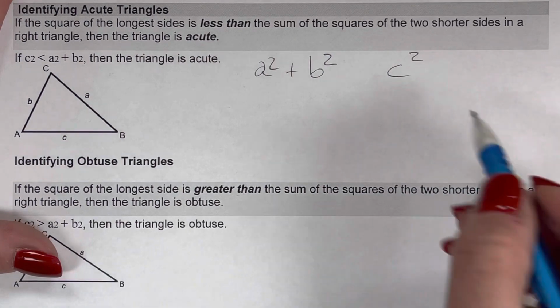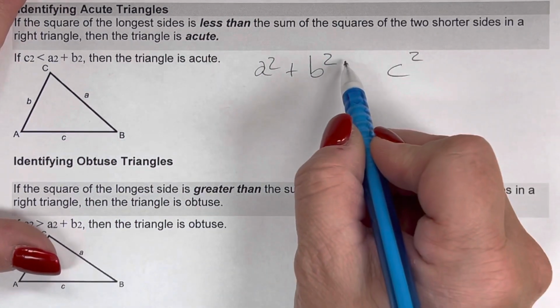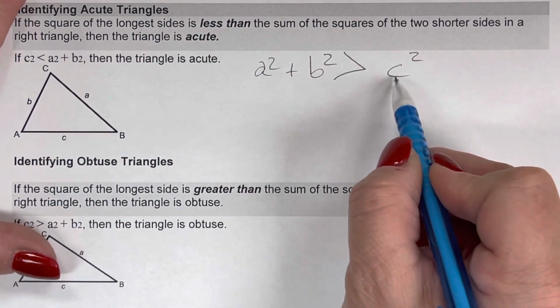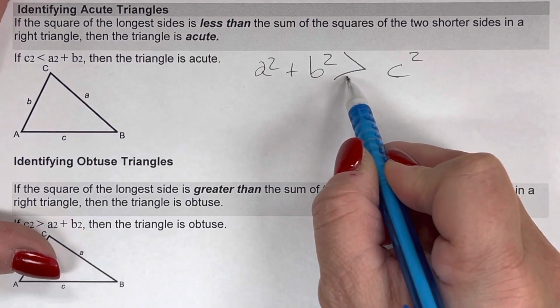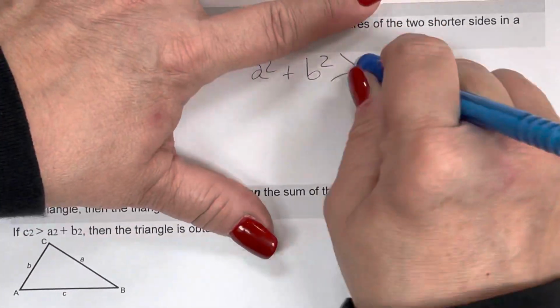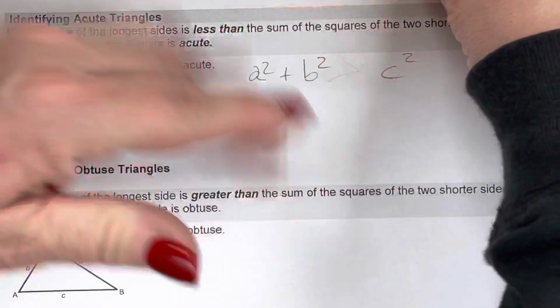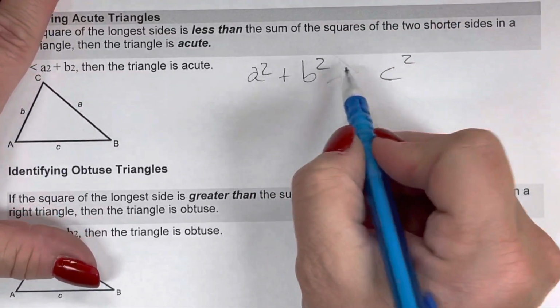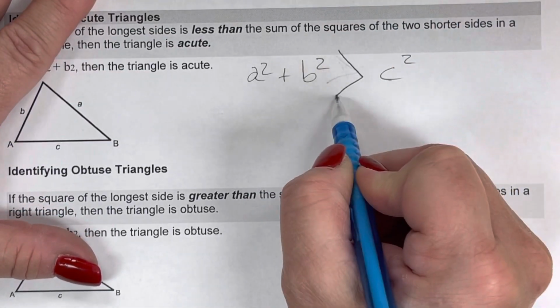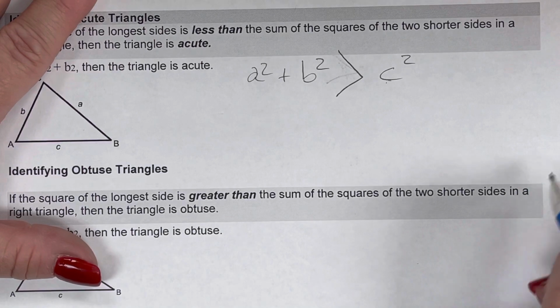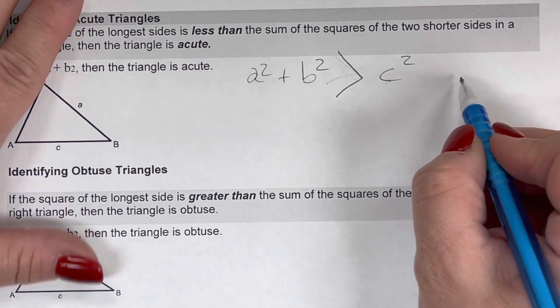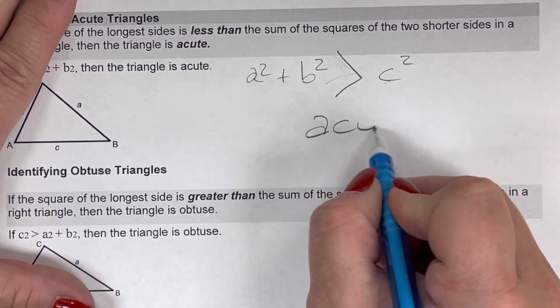But if your c squared winds up being smaller than that, okay, I messed that sign up just a little bit, didn't I? So if a squared plus b squared is greater than c squared, then your triangle is acute.